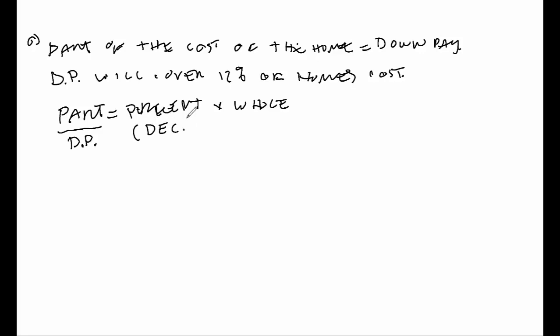That's our 12% in decimal form. And the whole is the home we can afford. We're given the part, that's the $22,020 that we have set aside for this purpose.